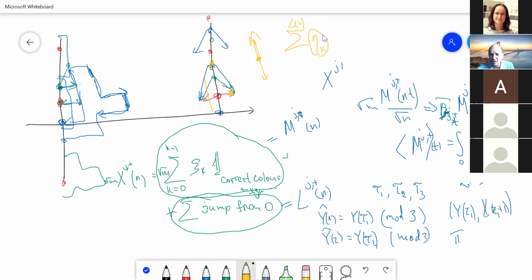So it's like a law of large numbers. If you divide by L of n, then you'll get the expectation of this jump times this proportion. So these are arguments. This is not a rigorous proof.